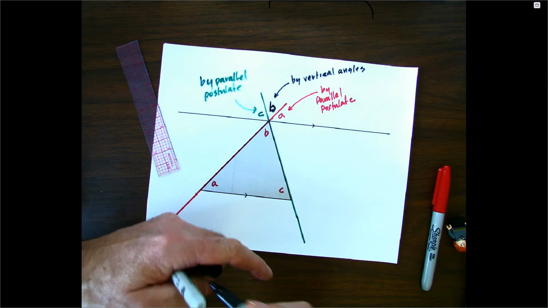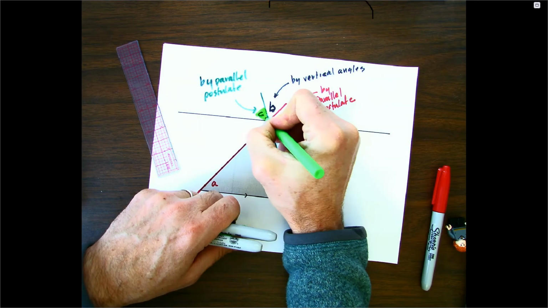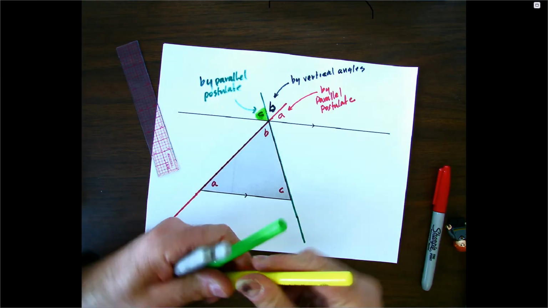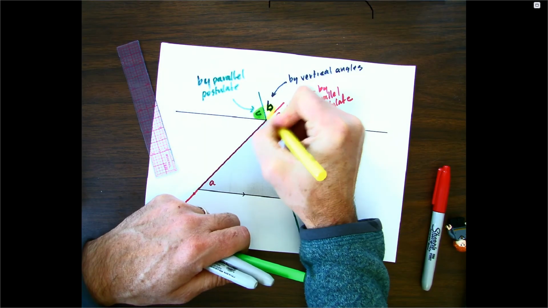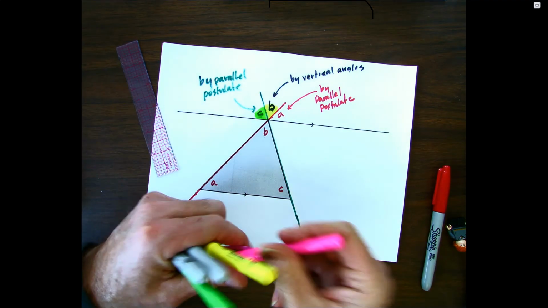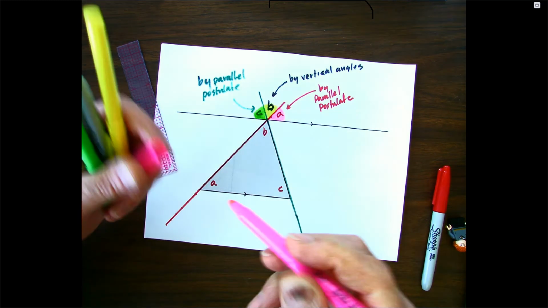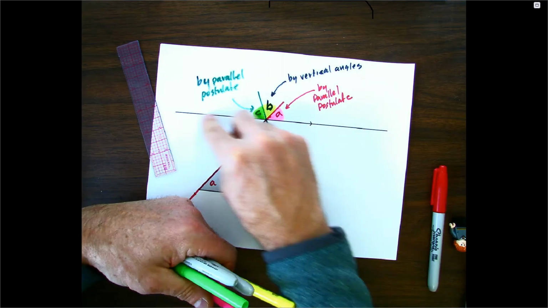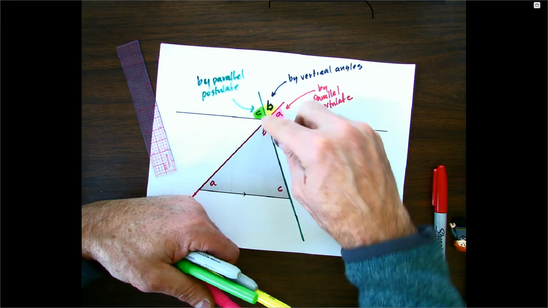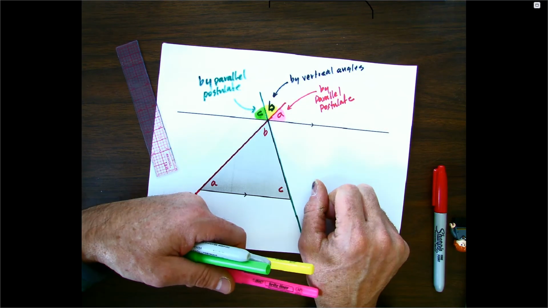Now the big thing to notice is that we have these three angles: this angle right here, C, this angle B, and this angle A. Those three all lie along this straight line, so we can say that the three of them added together have to equal 180, because there are exactly 180 degrees in a half turn around a point, which is what we have right there.